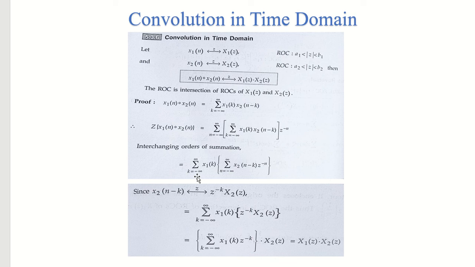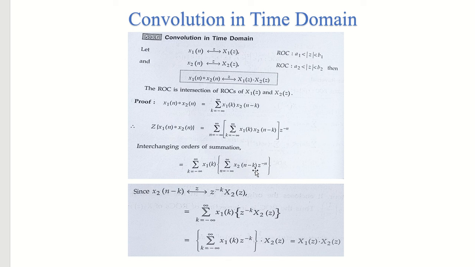Now, from the time shifting property, we know that x2 of n minus k will be equal to z raised to minus k times X2(z). And somewhat similar thing is happening here.